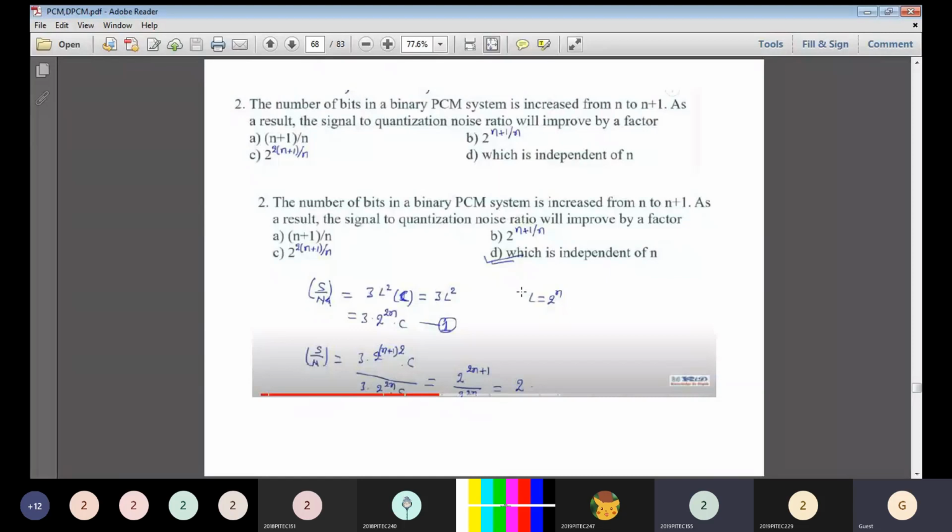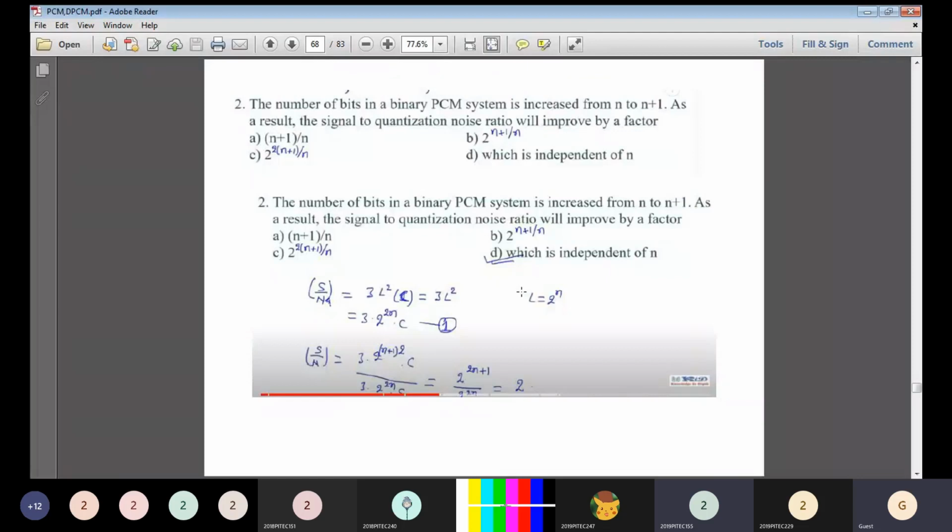So what is the formula for signal to quantization noise ratio? Another formula, S by N can be written as 3L square into C. L can be represented as 2 power of n, the number of levels of the quantizer. L is nothing but the number of levels of the quantizer.